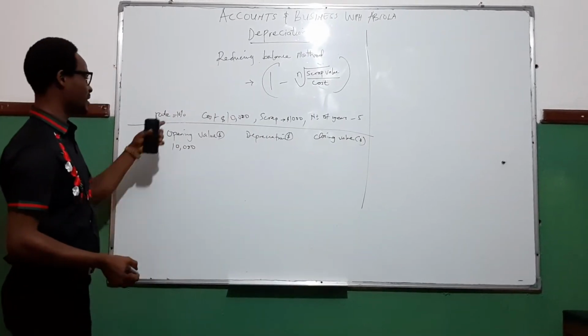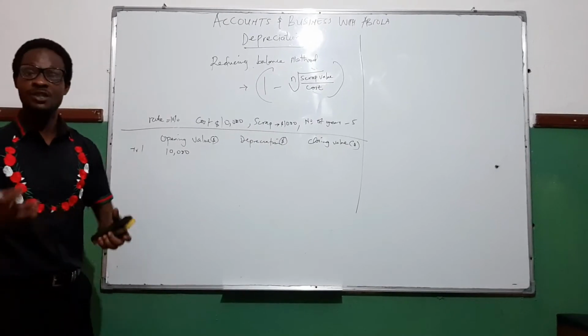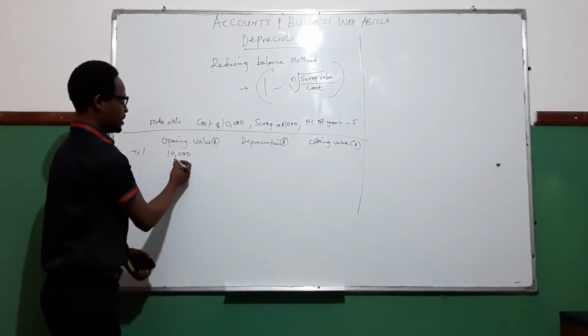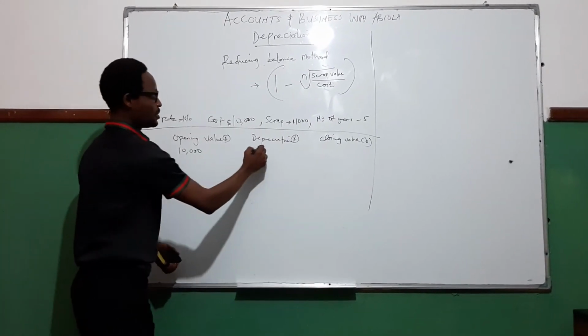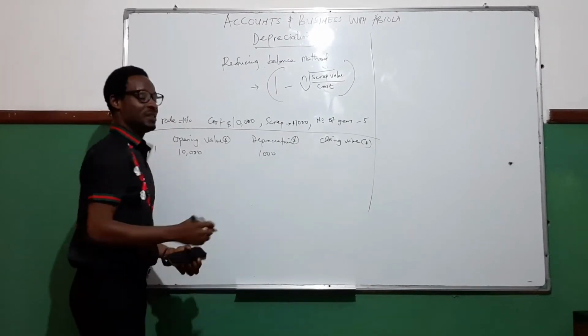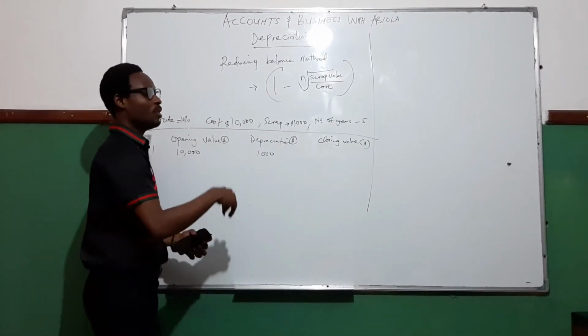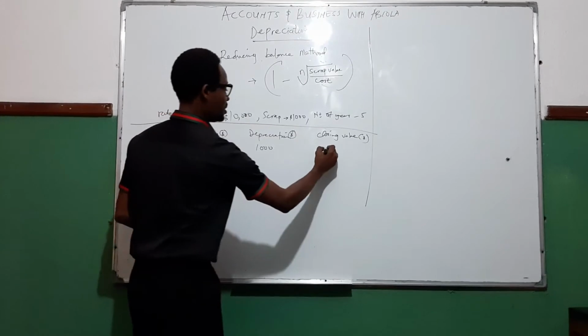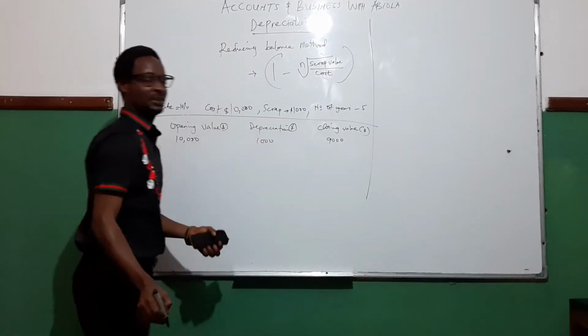Then the depreciation, we are using 10%. 10% of 10,000 is 1,000. That means the closing value or the net book value is 9,000 at the end of year 1.